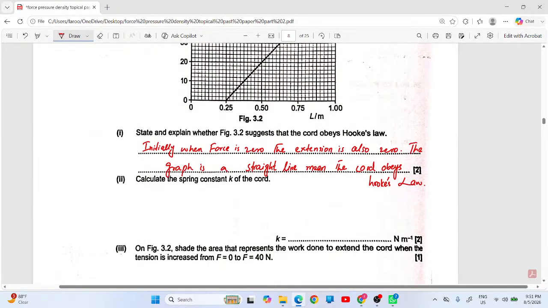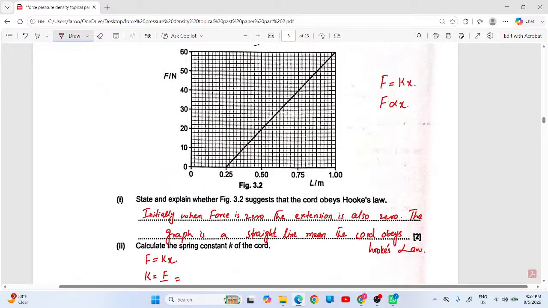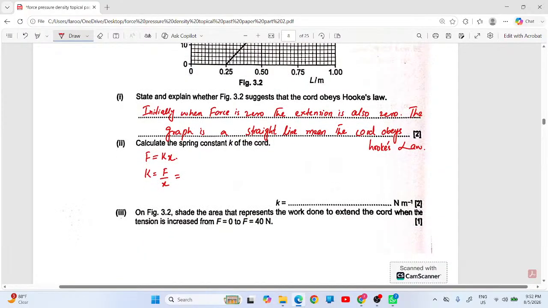Next is calculate the spring constant K of the cord. Find the spring constant. So what is the spring constant? F equals Kx, so K equals F over X. So we have to take the gradient of the graph. Take any two points. Y2 is 60. 60 minus 0, 1 minus 0.25.